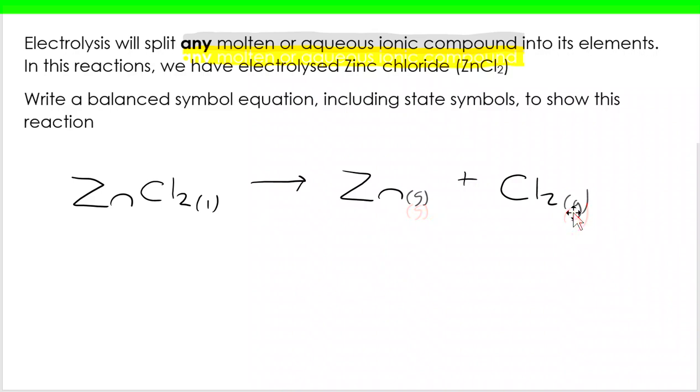We're going to talk in later videos about what actually happens to get there, because clearly this contains zinc ions and chloride ions. But at the moment we're just dealing with the basics. You do have to remember chlorine is a diatomic molecule. Chlorine exists in pairs. If you forget that, you're going to lose marks in this particular question.